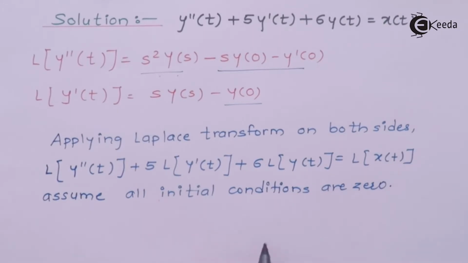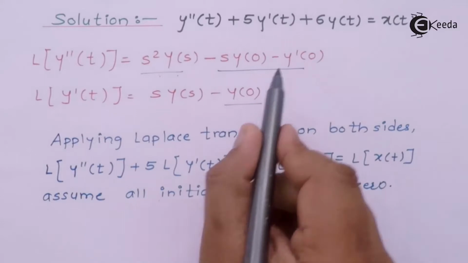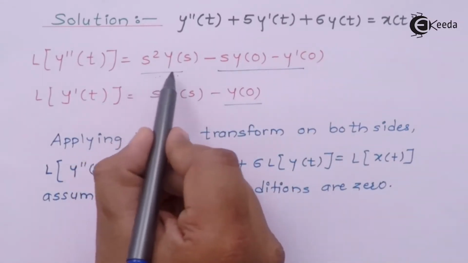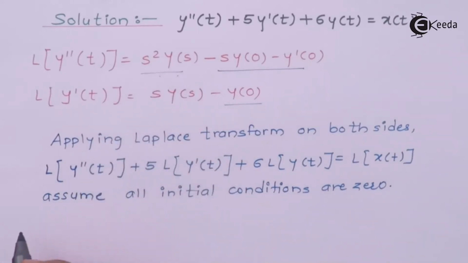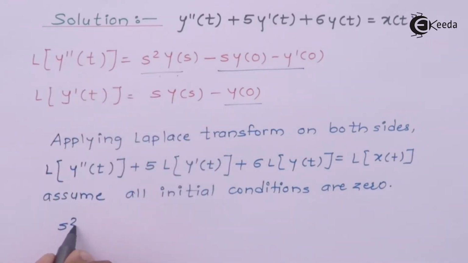If we assume all the initial conditions are 0, I'm not going to write s y of 0, y dash of 0 and y of 0 in my solution. I'm going to write only the differentiation part. For y double dash of t, the Laplace transform is s square y of s.